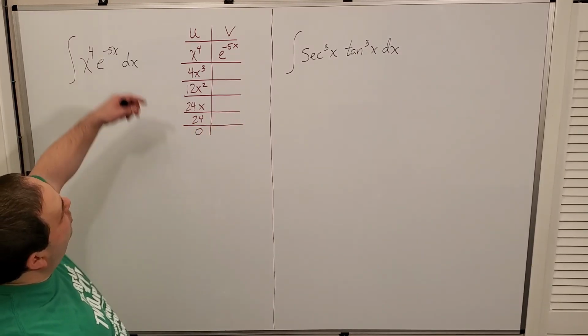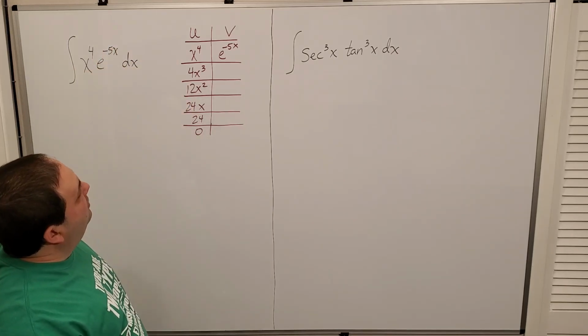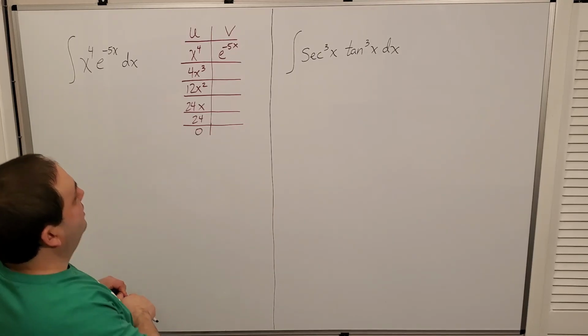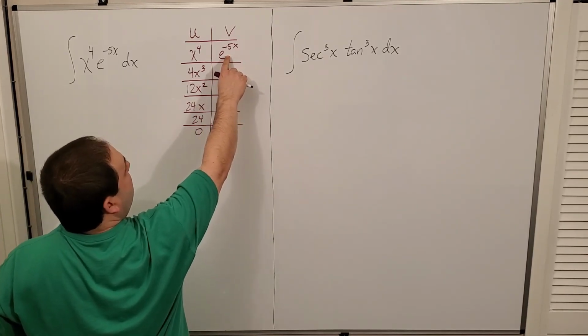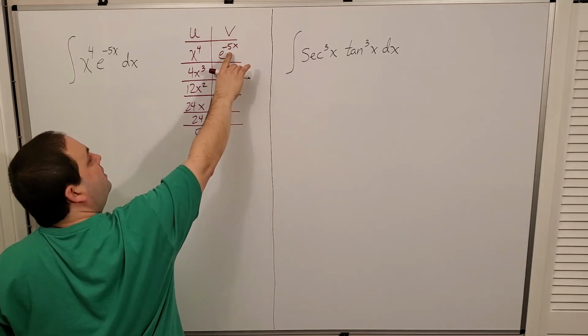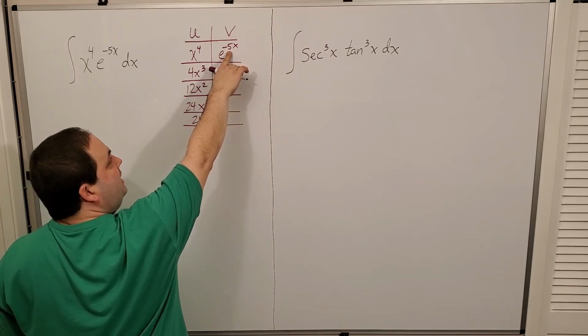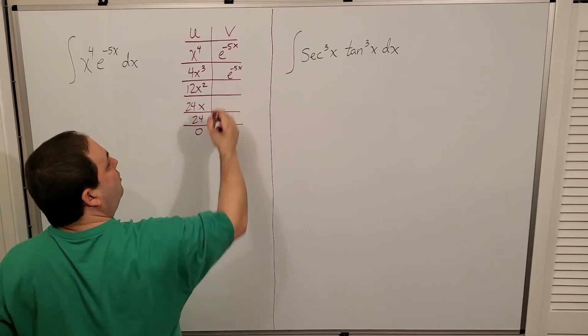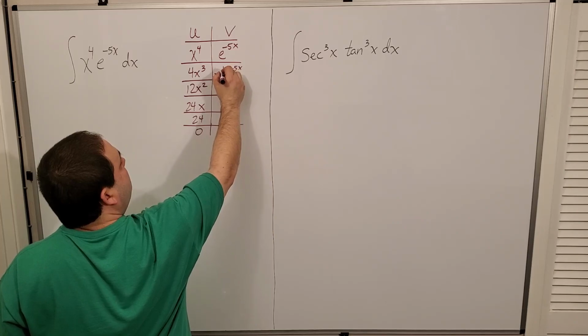And then I just need to do enough antiderivatives on the v side in order to match up all of the rows here. The antiderivative of any exponential is, of course, itself. And then, since this is just a linear exponent here, I'm going to just divide by the constant part of it. It's like a basic substitution.